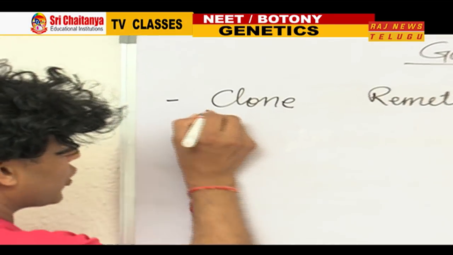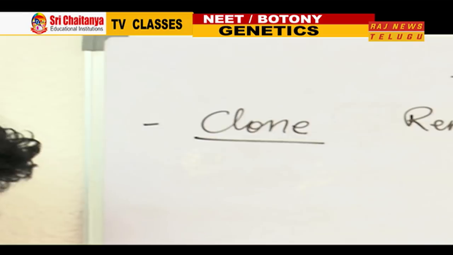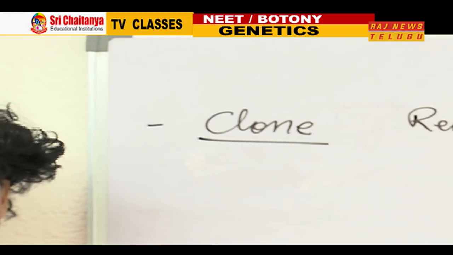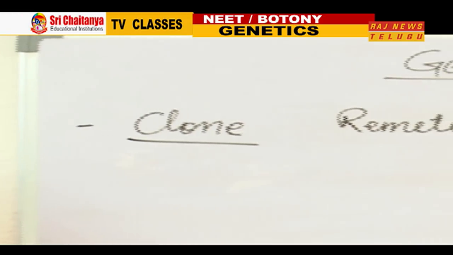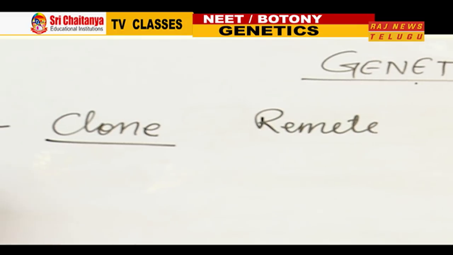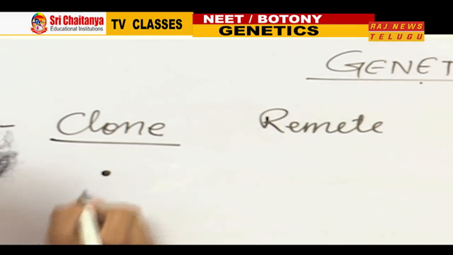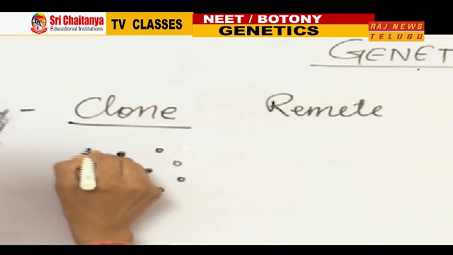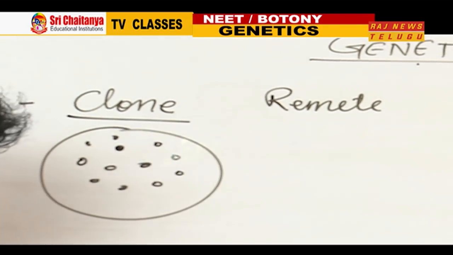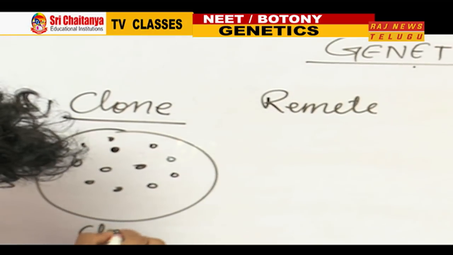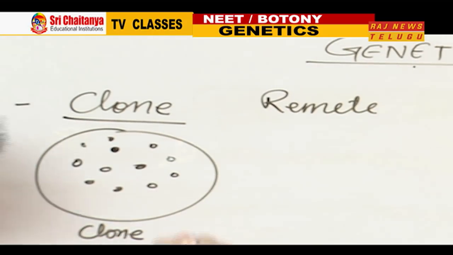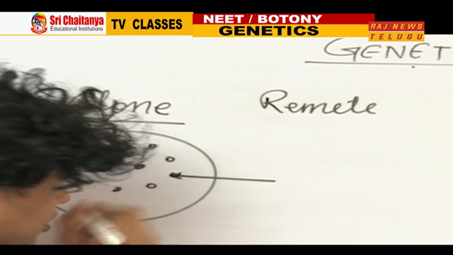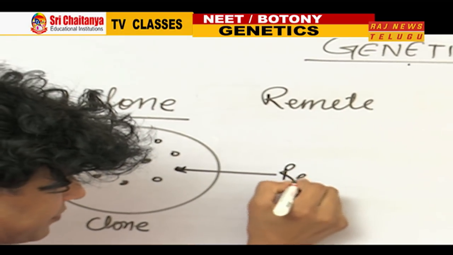Let's go through them. Clone. A group of organisms arising by asexual means is collectively called a clone. Suppose there was one E. coli and after binary fission, hundreds of E. coli arise. Then this group of E. coli is collectively called a clone. And each representative of this clone is known as a ramete.